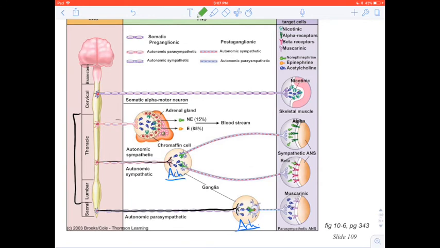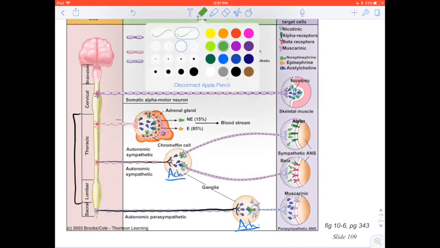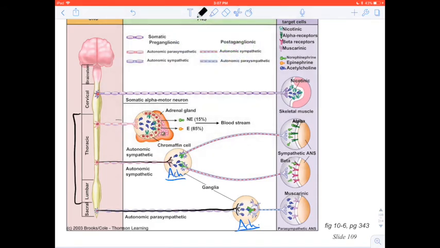All right, so now let's look at the postganglionic neuron for each one. So sympathetic. This postganglionic now goes to our target organ.